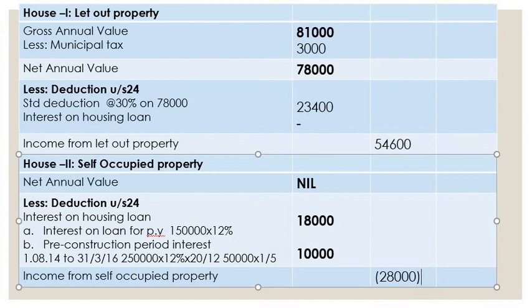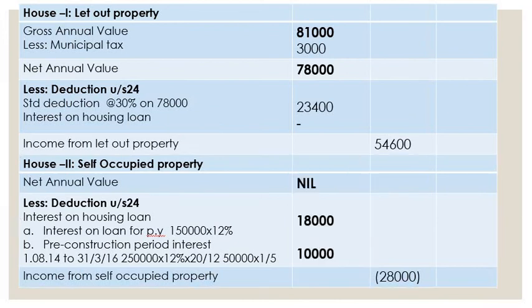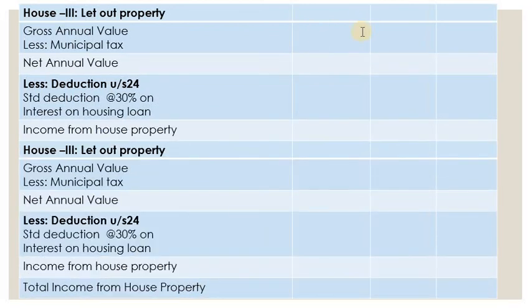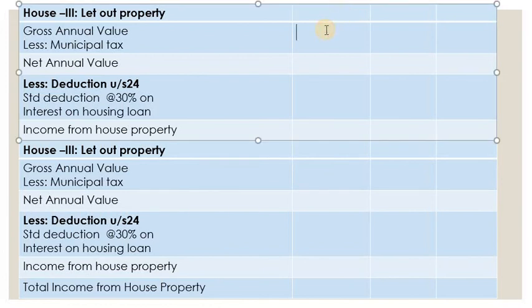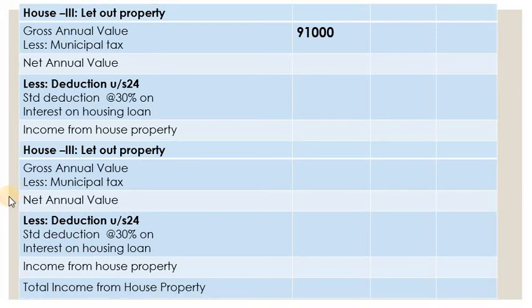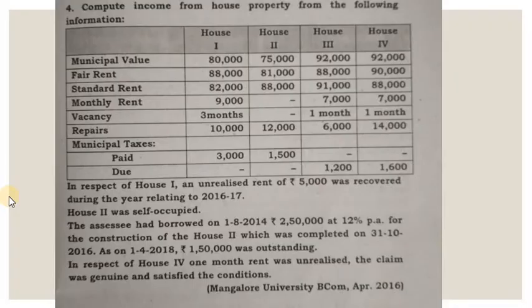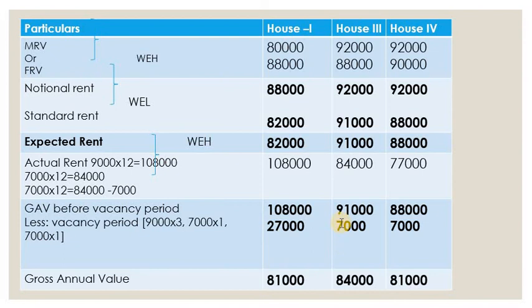Now the third house. Go back to the problem and see what the third house is. We have already calculated: the third house is also a let out property. What is the value of the let out property? Just see, it is 91,000.